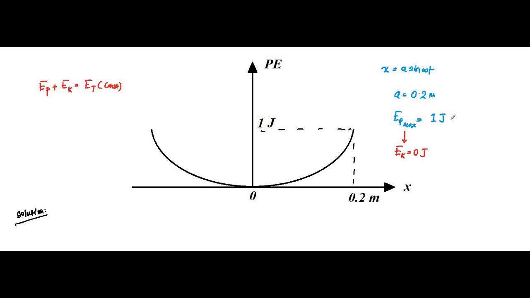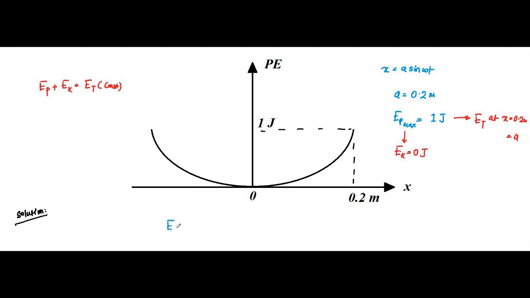So in a way we can also take this as the total energy, at x equal to 0.2 meter at the peak amplitude. From this we will calculate some values which are required for calculating the time period.